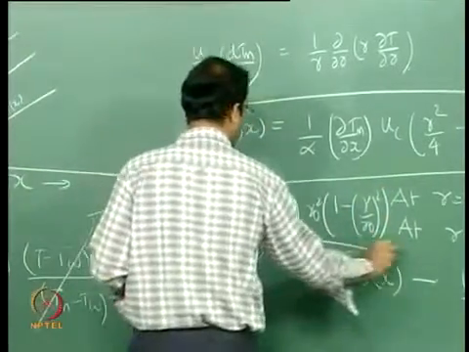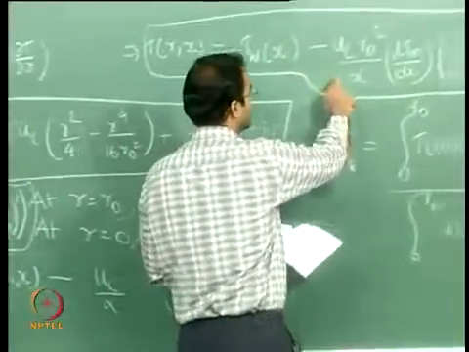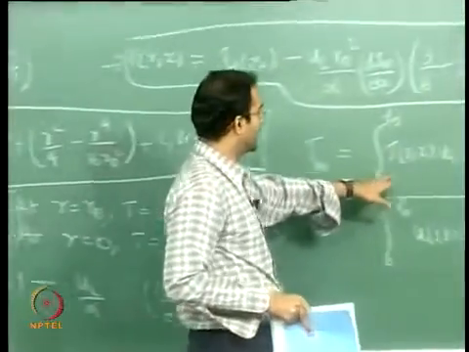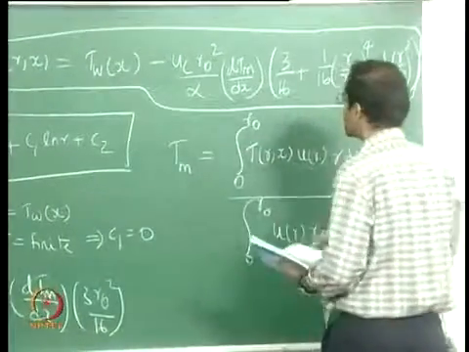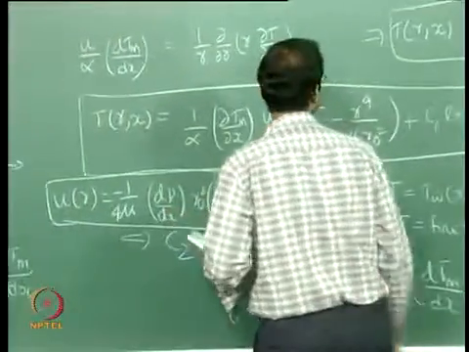So this is your velocity profile, and this is your temperature profile right here. So you have to plug both these inside, and this dTm by dx is a constant, dP by dx is a constant.